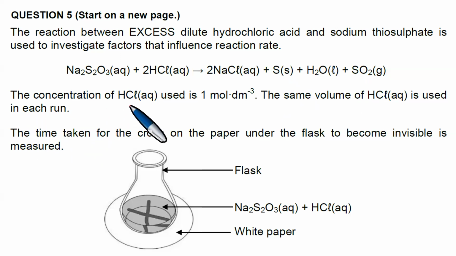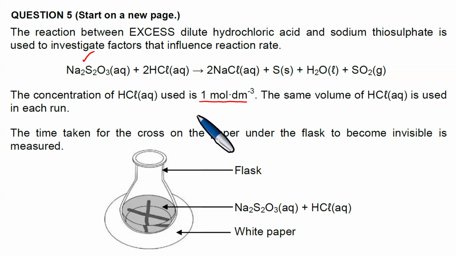The concentration of hydrochloric acid used is 1 mole per cubic decimeter. The same volume of HCl in aqueous state is used in each run. The time taken for the cross on the paper under the flask to become invisible is measured. So we're reacting sodium thiosulphate and hydrochloric acid of known concentration, 1 mole per decimeter cube.